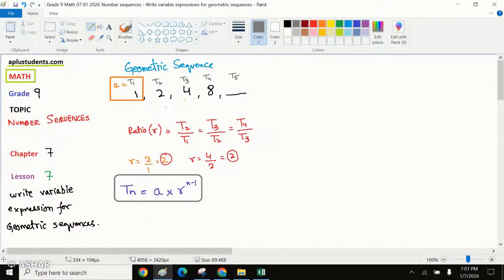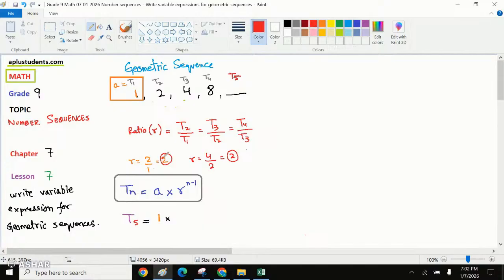So if we need to find term number 5, n has been replaced by 5. So the term is equal to a. What was the value of a? A is always the first term, which is 1, multiplied by the ratio.